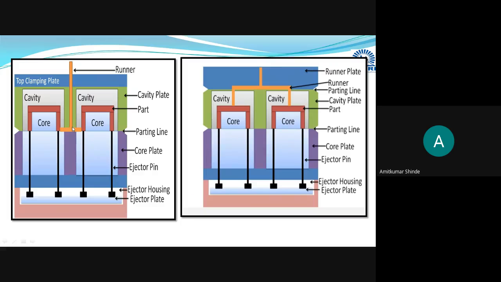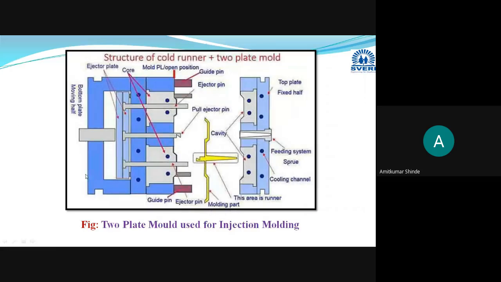Whichever diagrams are here, these are vertical diagrams, and they have shown it in a horizontal way by separating it, okay. These are ejector plates. Here you can see this. These are ejector pins. These two are ejector pins. These are ejector plates. Okay.